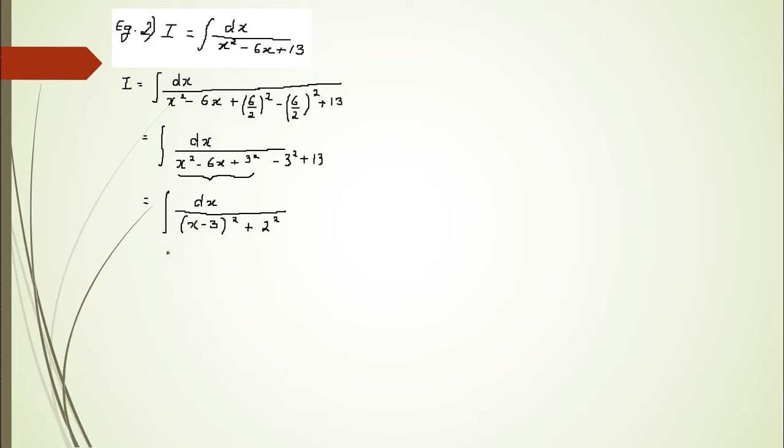Now the next step is let x minus 3 is equal to t, differentiating both sides, I get dx is equal to dt.